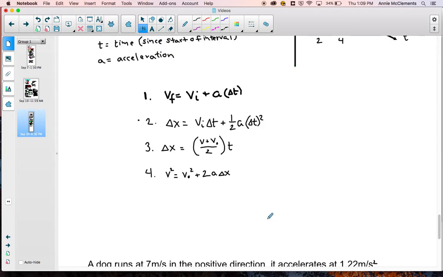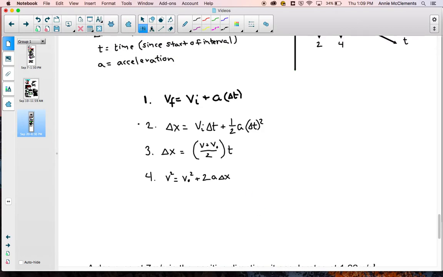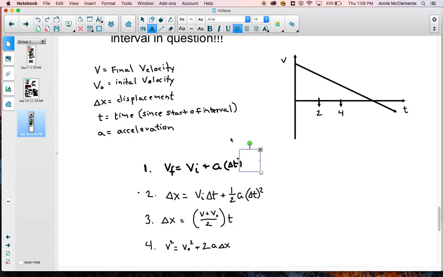In order to decide which one is appropriate, I like to go through and label what's missing from each equation. Of these variables that we have here, there's something missing from each of these equations. In this case, displacement doesn't appear anywhere. So that's the first equation.